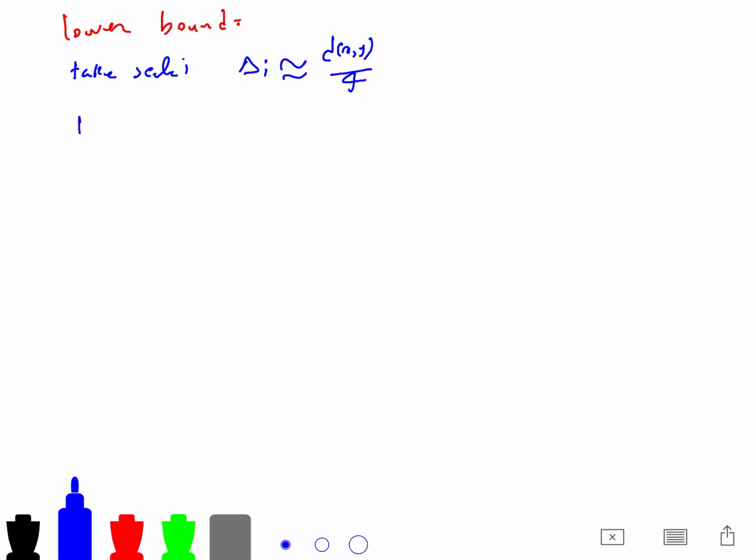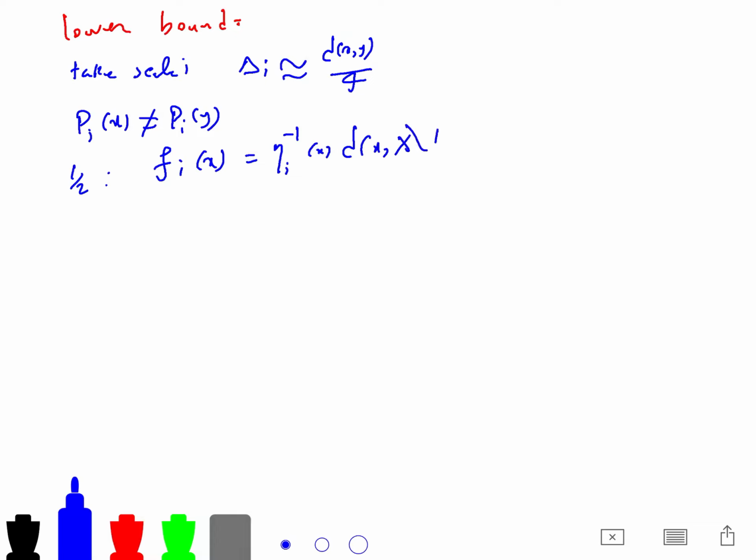So it must be that if pi of x is not pi of y, it means they are in different clusters, then with probability 1 over 2, again we can say that f_i of x is equal to eta_i of x, d of x and x excluding pi of x, greater than delta_i.